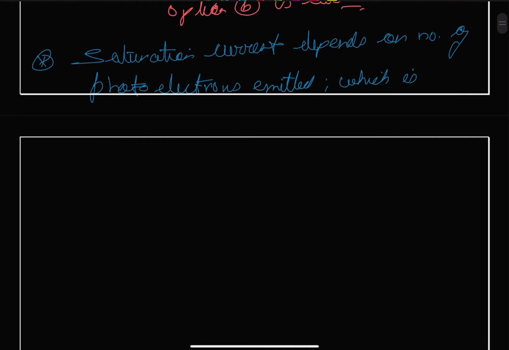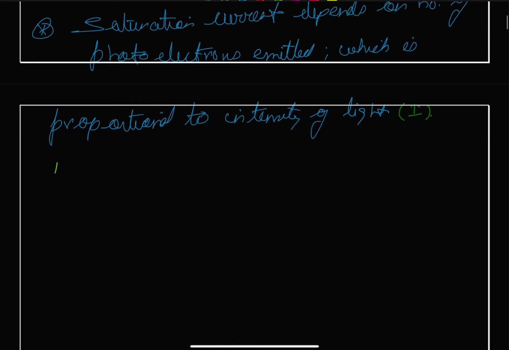Suppose intensity is I, then this I is inversely proportional to the square of the distance.